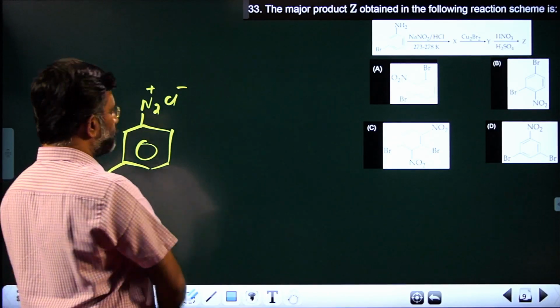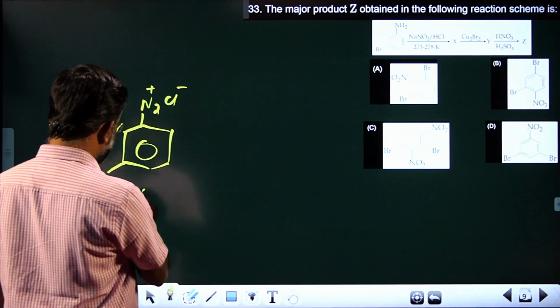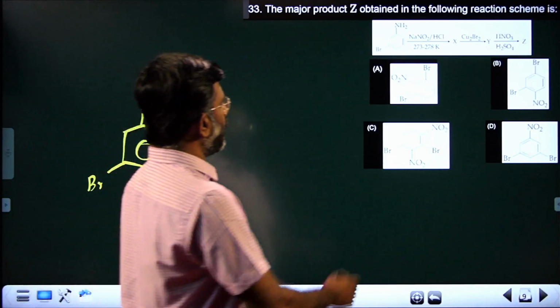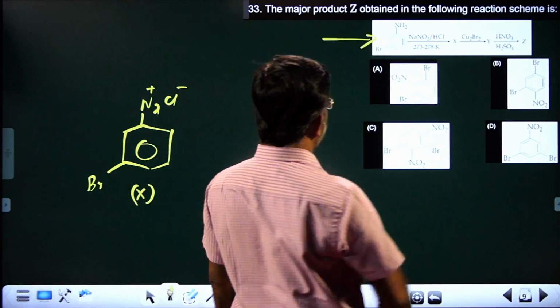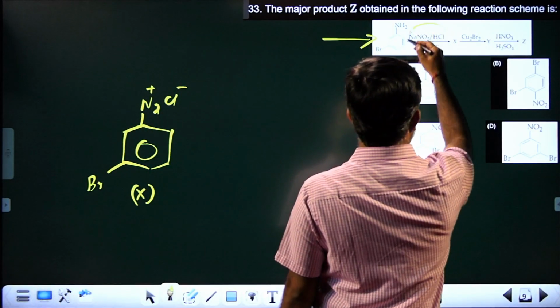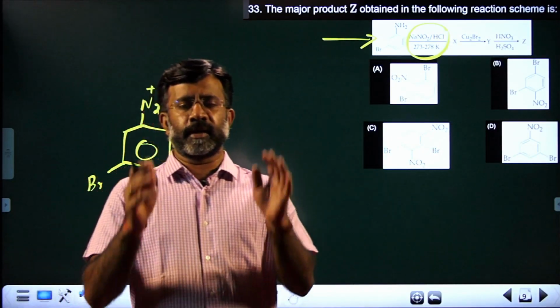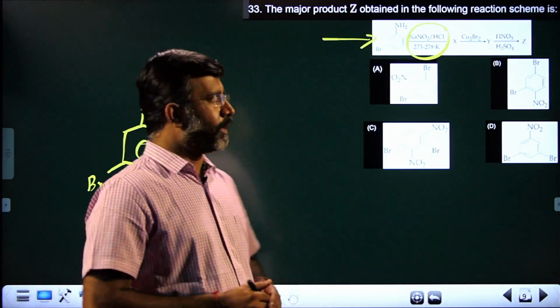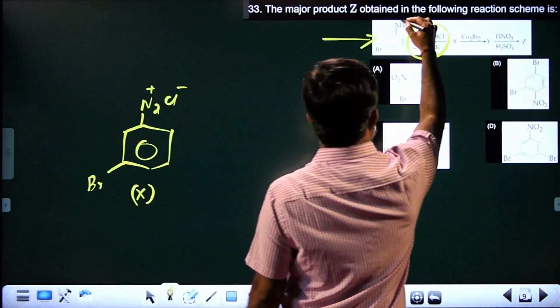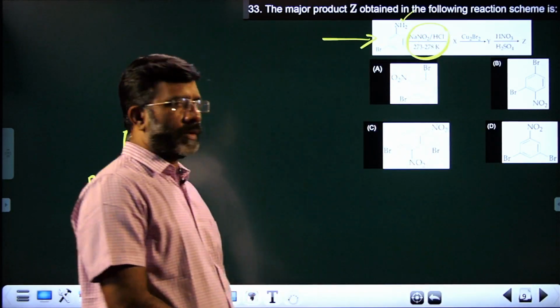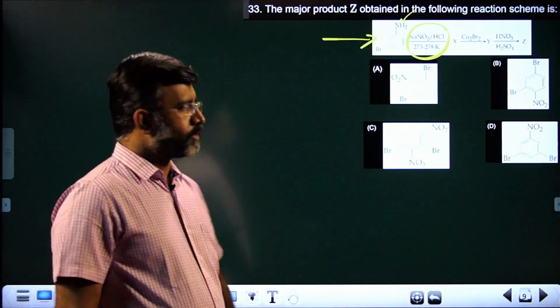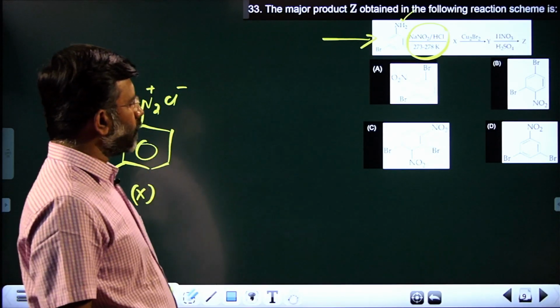That is X. This molecule is diazotized with NaNO2 and HCl at a low temperature. That is diazotization, where the NH2 group will be converted to diazonium chloride.